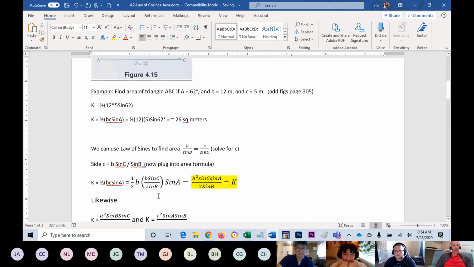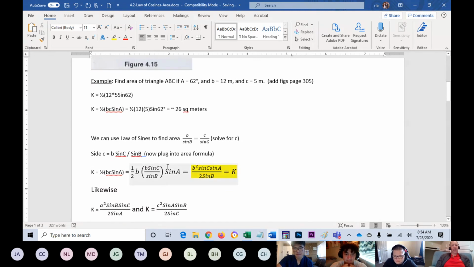All right, so now we can also use the law of sines to find the area, because remember that b over the sine of b equals c over the sine of c. We could solve for c, and so c is going to equal b times the sine of c over the sine of b. Now we can plug this into our formula, because it wasn't complicated enough.